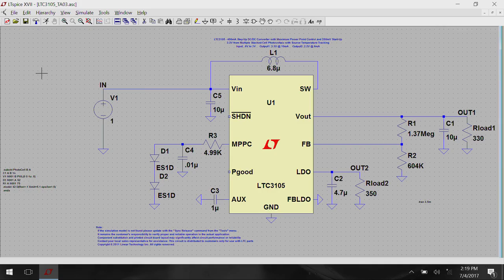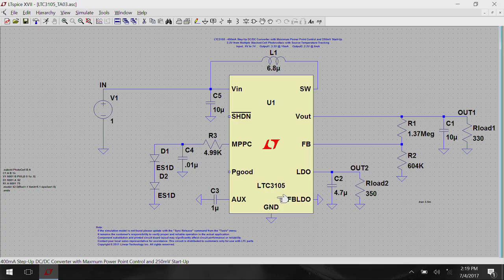Basically I just went to the Linear Technologies website and downloaded the LTC3105 and its associated circuit, because before we build anything, before we buy this chip and hook up all these components, you may have to simulate and see whether it is suitable for our conditions.